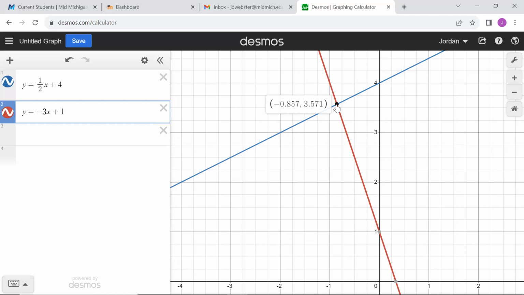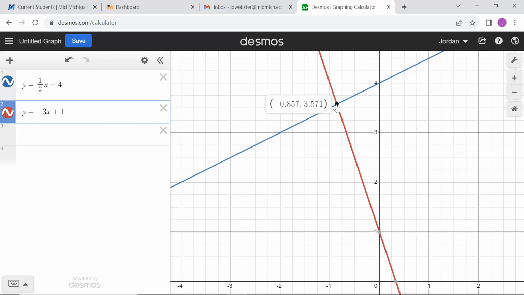The technology that I'm using, Desmos, will actually give you a decimal. This decimal is, in this case, rounded to 3 decimal places. Now, that is not the exact point of intersection.